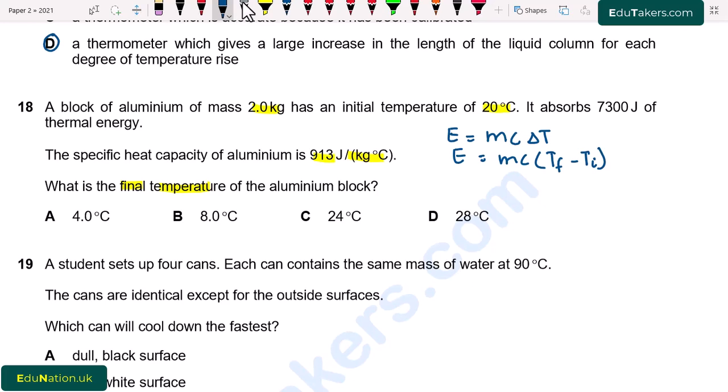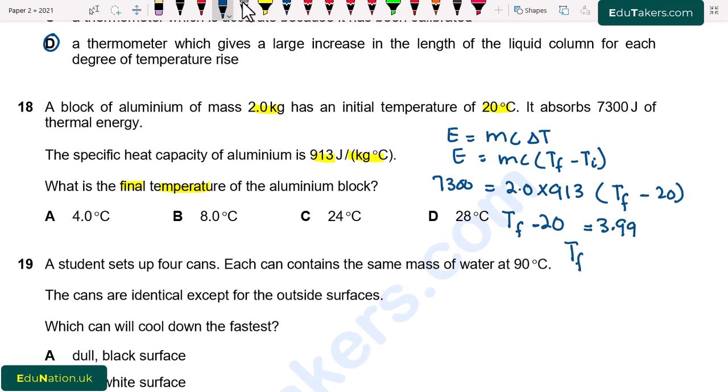So energy is given, which is 7300. It will be equal to mass 2.0 and c is 913, times Tf minus the initial temperature, which is 20. So Tf minus 20 is equal to 3.99.